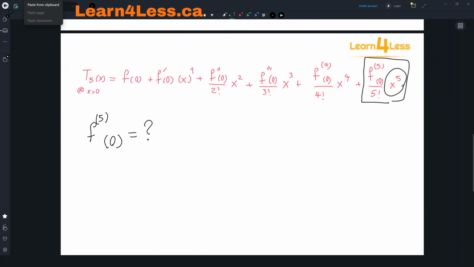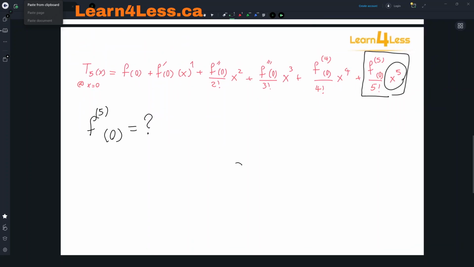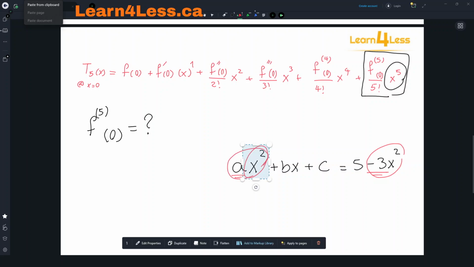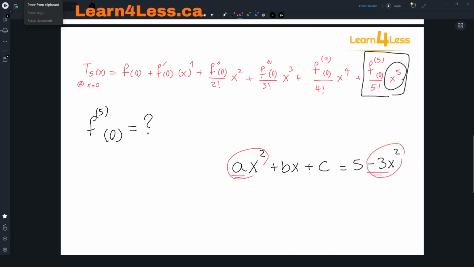Let me just come up with an easier example here. For example, if I have ax squared plus bx plus c is equal to 5 minus 3x squared. Here you can easily say that a is equal to -3. How? Because I just compare the x squared terms with each other, so the coefficients should match.